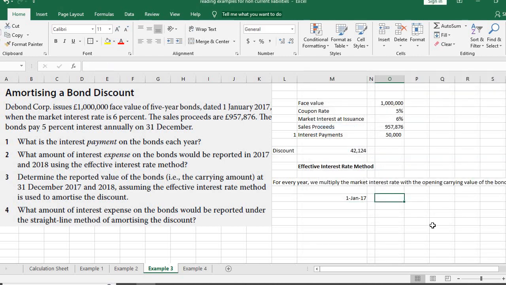So on 1st January 2017, the carrying value of the bond was 957,876.